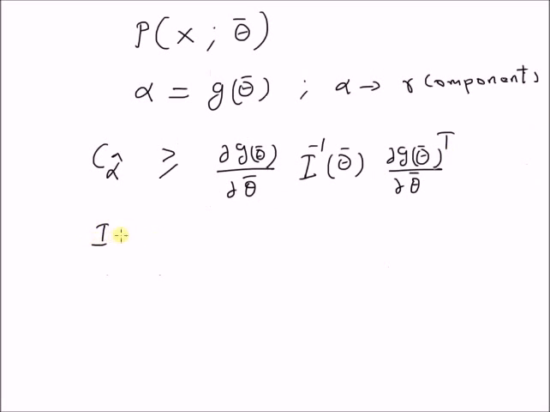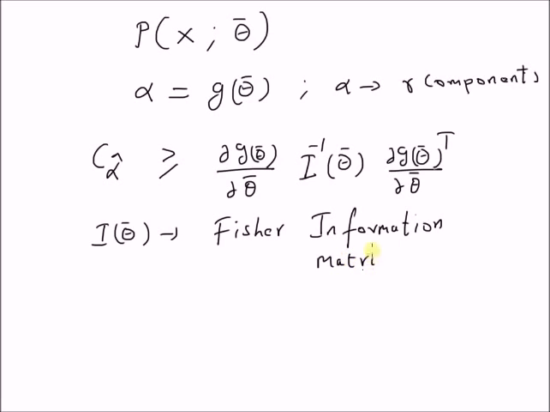So the matrix I of theta bar is the Fisher information matrix corresponding to vector theta bar, and the Jacobian of the function g of theta bar is defined as follows.